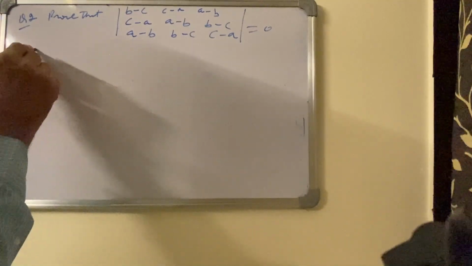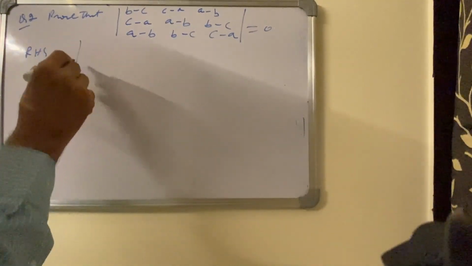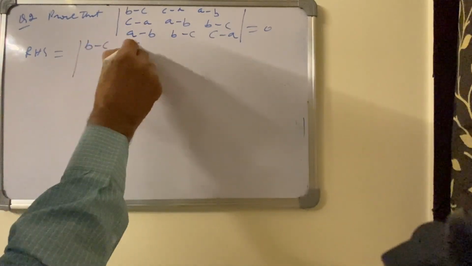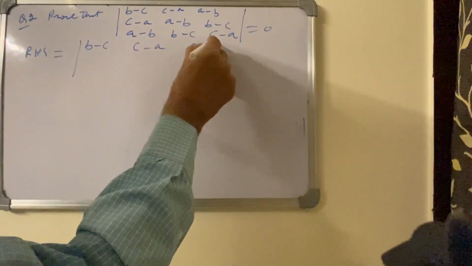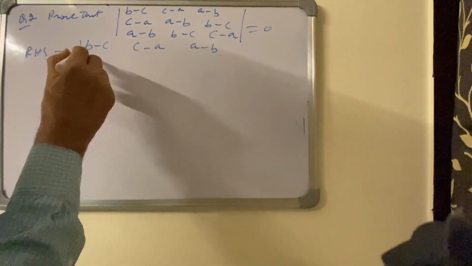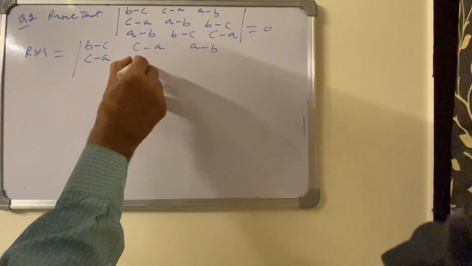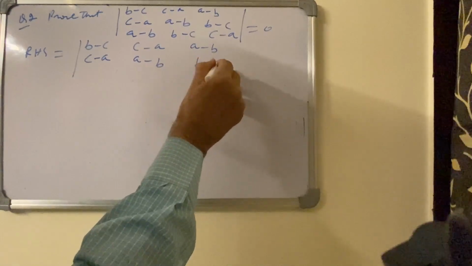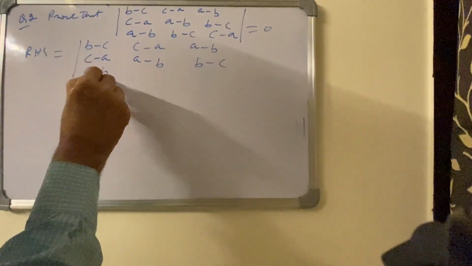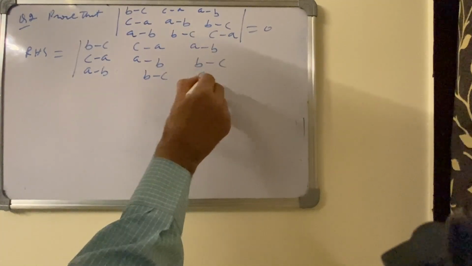Left hand side, determinant B minus C, C minus A, A minus B, C minus A, A minus B, B minus C, A minus B, B minus C, C minus A.